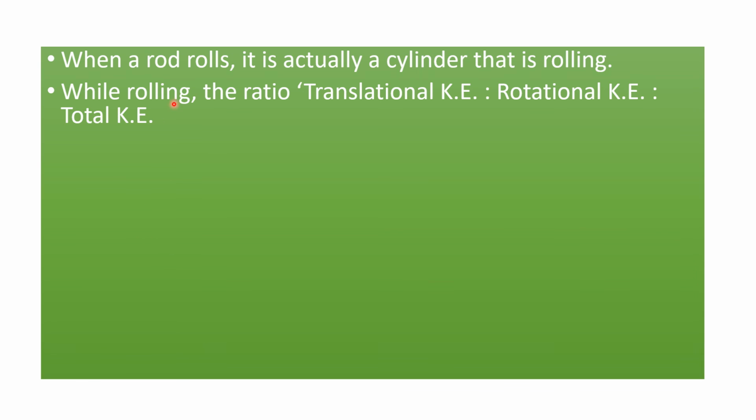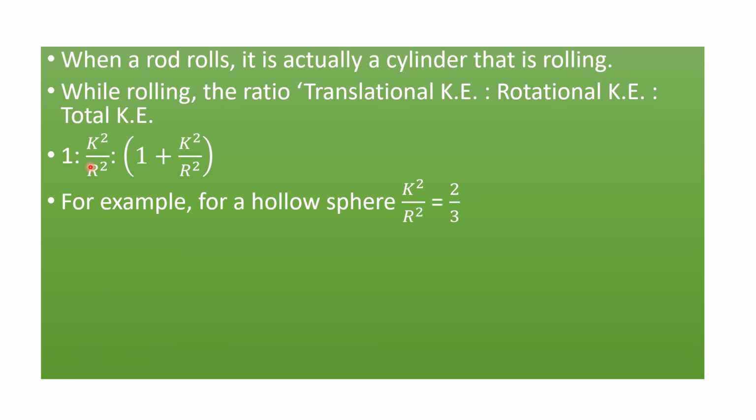When a rod rolls, it is actually a cylinder that is rolling. While rolling, the ratio of translational kinetic energy to rotational kinetic energy to total kinetic energy can be written as 1 : k square upon r square : 1 plus k square upon r square.